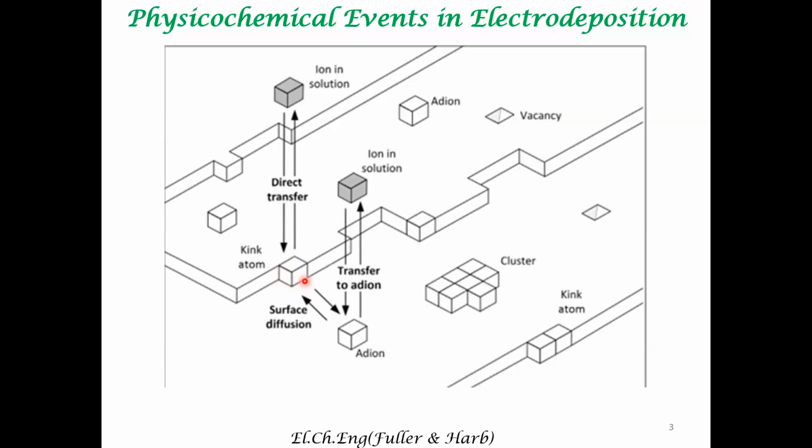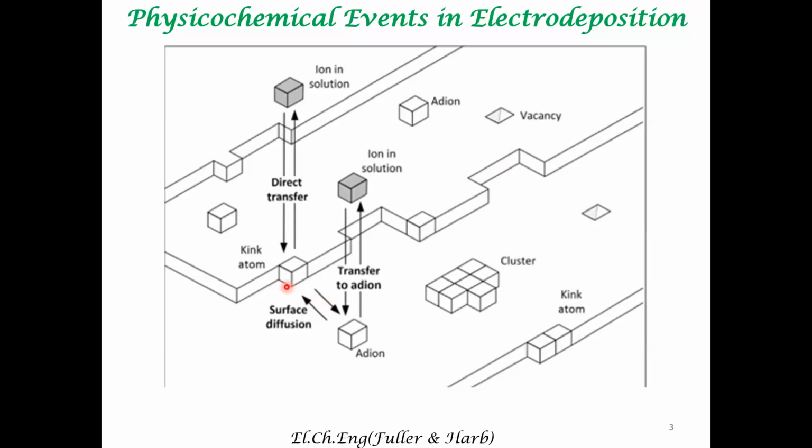Wherever the bond unsaturation is higher, the surface energy is also higher. Amongst all these sites, the flat site has relatively less surface energy, or less undercoordination. Therefore, its surface energy is lesser.